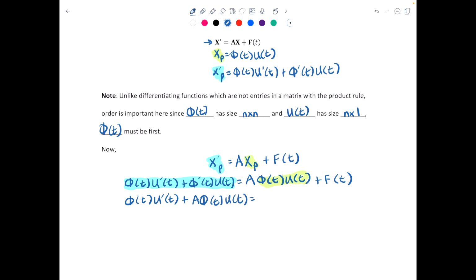Okay, so this came from the fact that phi prime at t is equal to A times phi at t, and that's going to equal A times phi at t times u at t plus f at t.